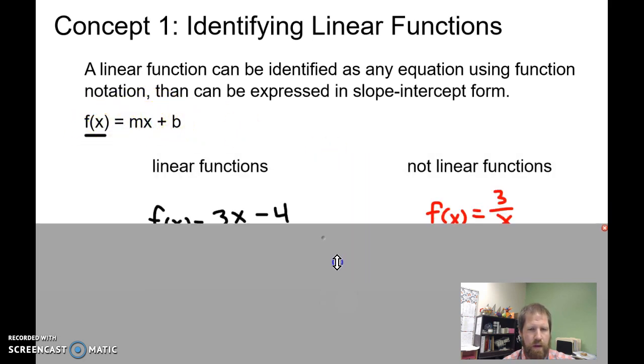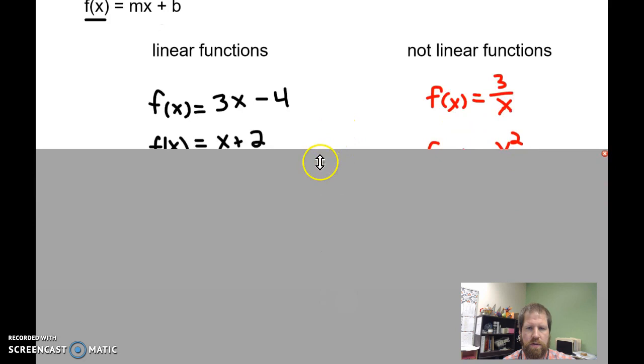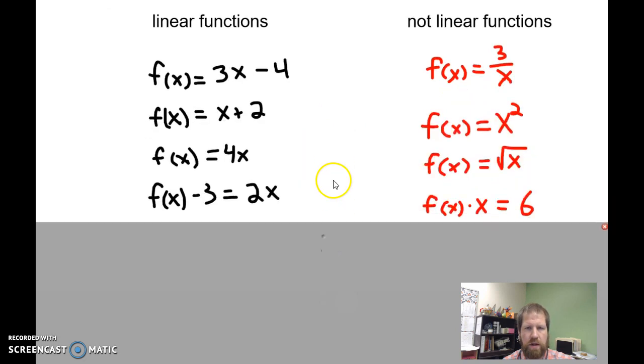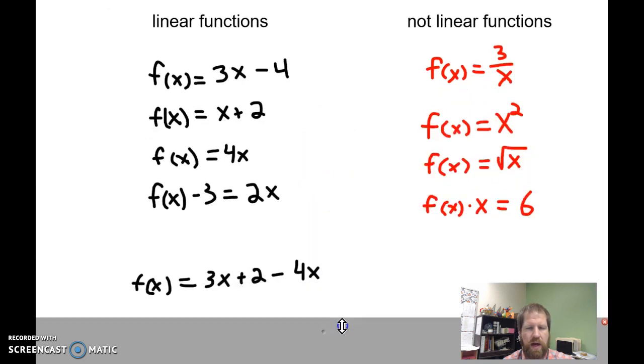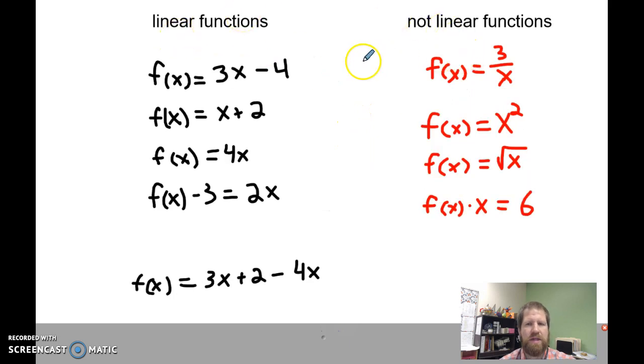This will look pretty familiar because we did look at what was linear and what was nonlinear before. So this is a linear function. It doesn't matter if it's plus or minus my y-intercept. I have f of x is equal to a number times x plus or minus another number.